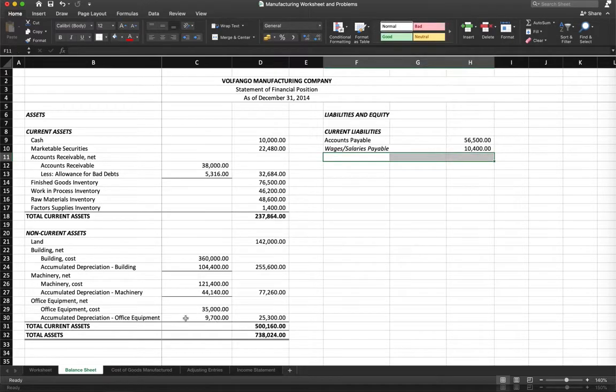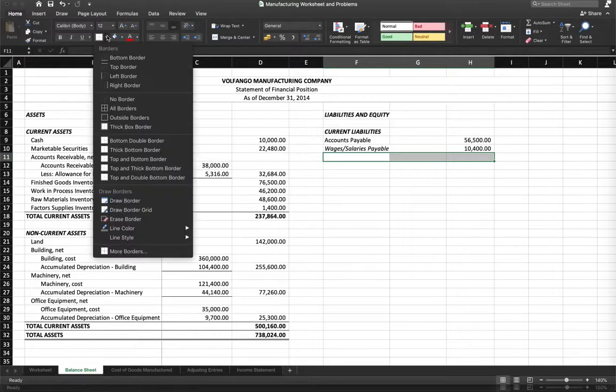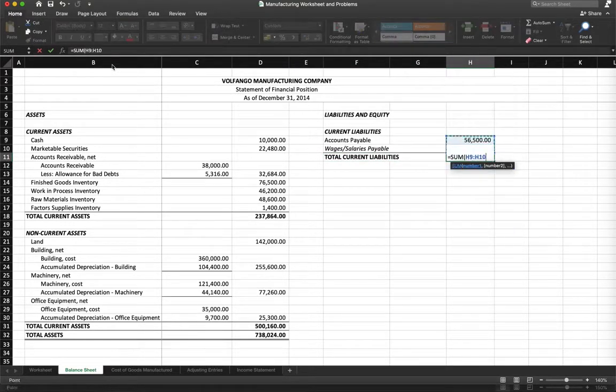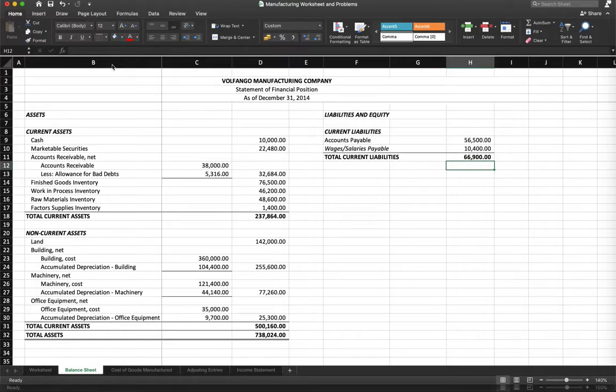Kaya total current liabilities, we have 66,900 or total liabilities.